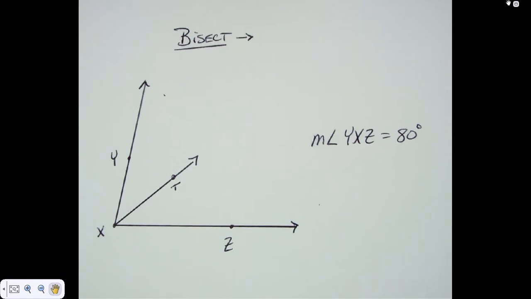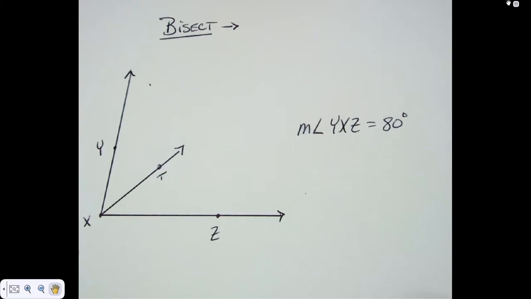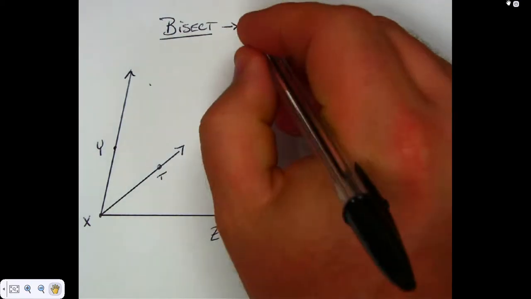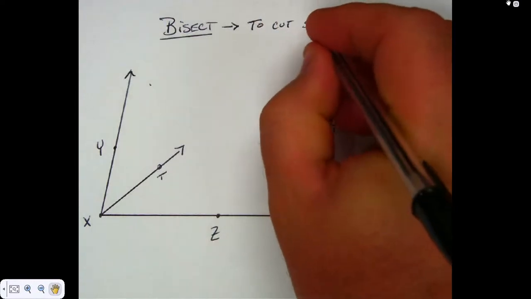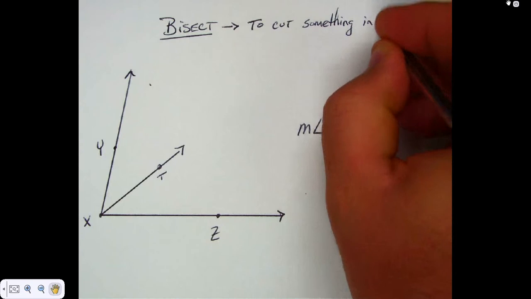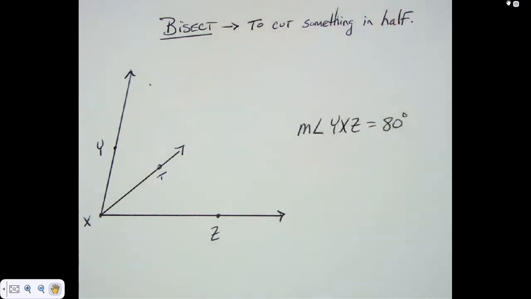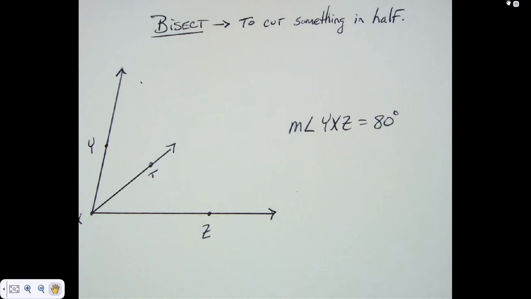All right. Look at this. Don't write this down. We'll listen, then we'll write it down and write the assignment up there. What do you think the word bisect means? Two sections. In geometry, we're going to say to cut something in half. Exactly, cut it in half.